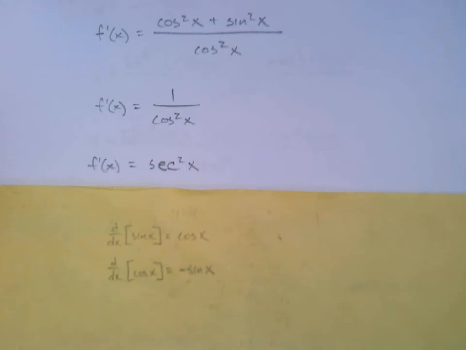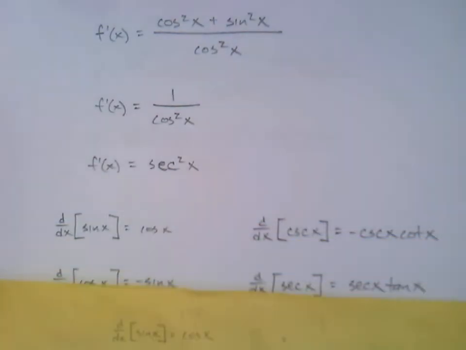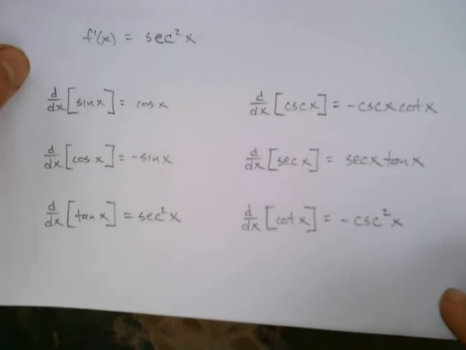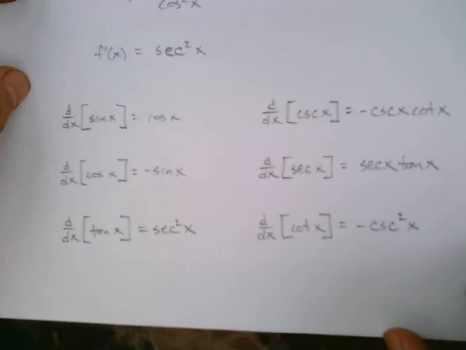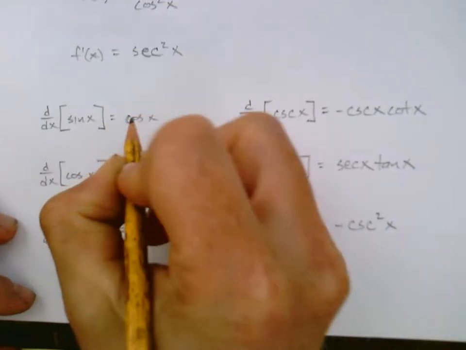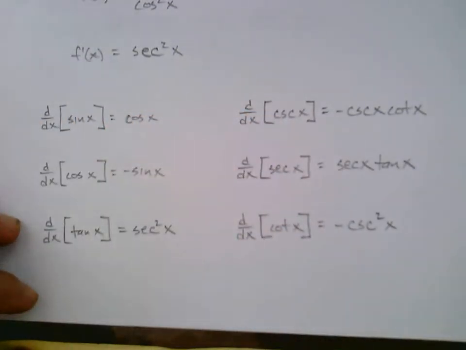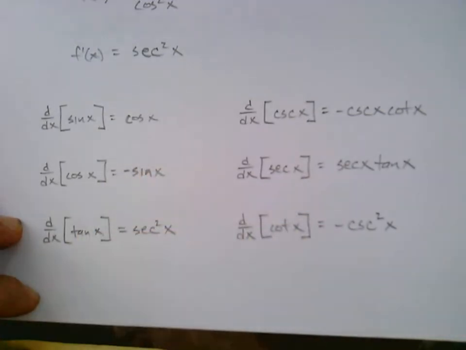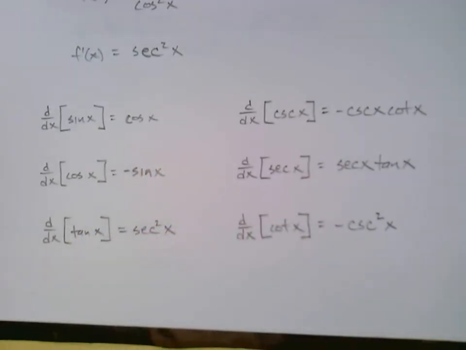Okay, at this point, I'm going to write out the derivatives of all 6 trig functions. Let's just show them to you. We're going to look at these for a couple minutes, study them. All right. At the end of the day, it's not so much about proofs.